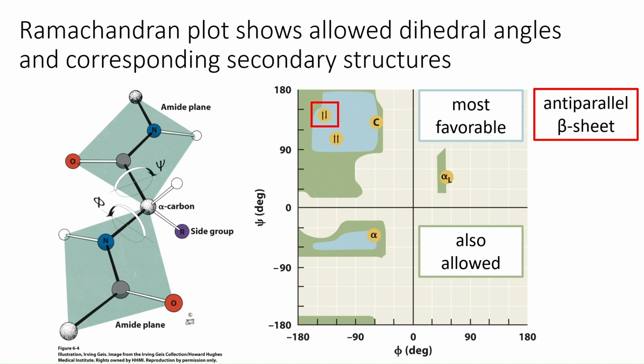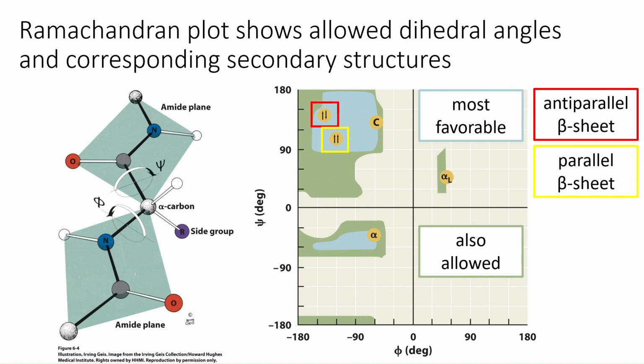Circled in red here is the anti-parallel beta sheet. You can see that the angles in an anti-parallel beta sheet are just about at negative 180, which is the same as positive 180. That allows the groups to point the furthest apart from each other, and gives a more ideal interaction between the amide planes.